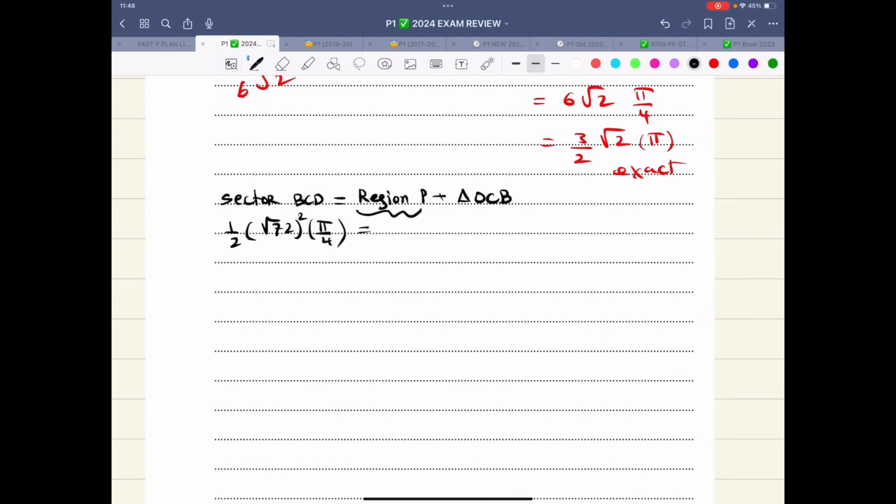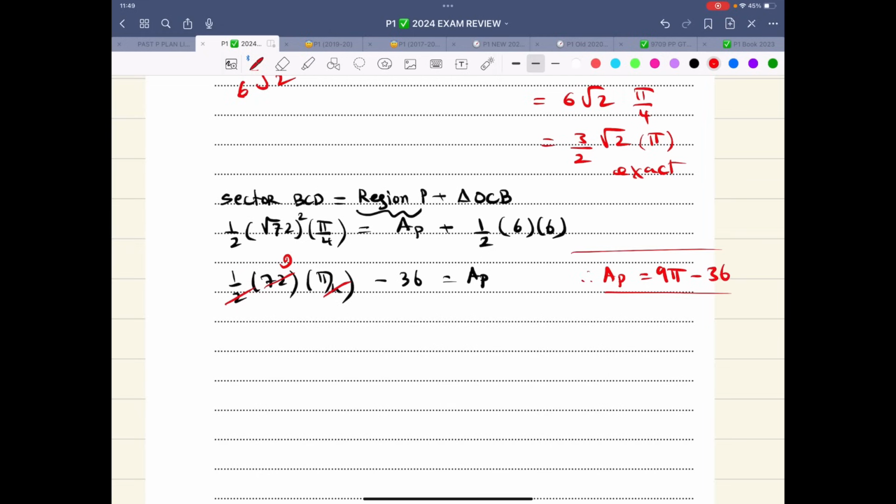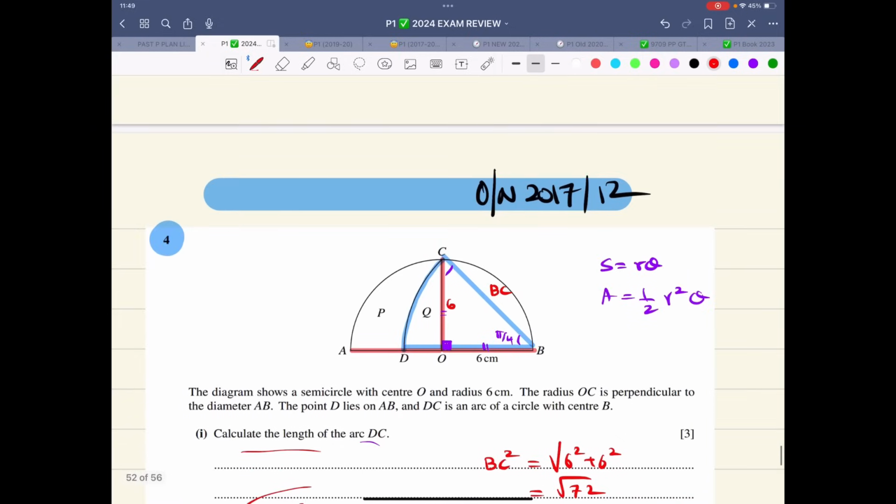Region P is what we are looking for. So let me write area of P like this. Area of P and area of triangle, it's half base into height. So this is half into 72 into pi by 4, which is 9 pi, minus the triangle, 36, equals area of region P. So area of region P is 9 pi minus 36. I'm writing in exact form. If I need decimals, I'll do it at the very end.